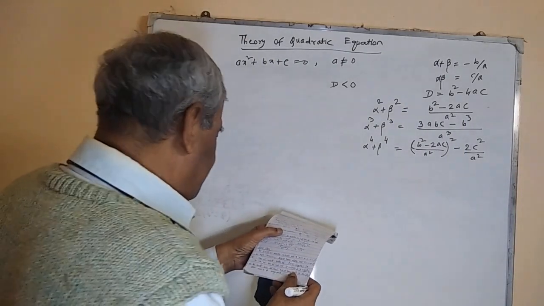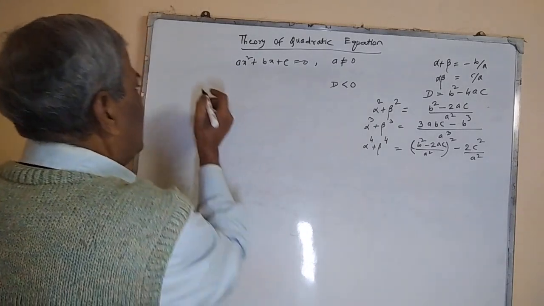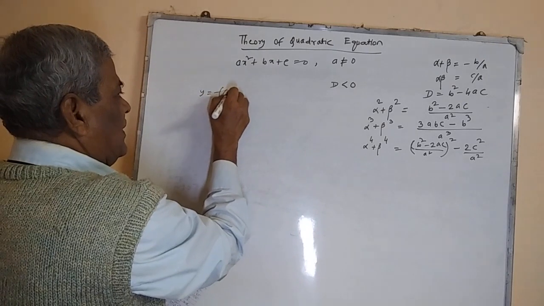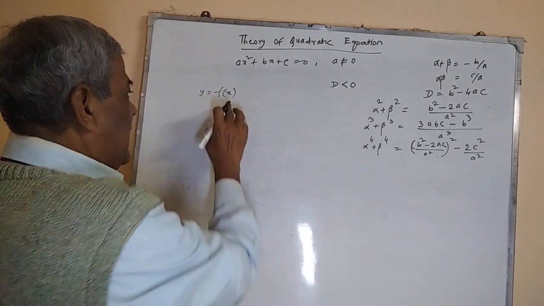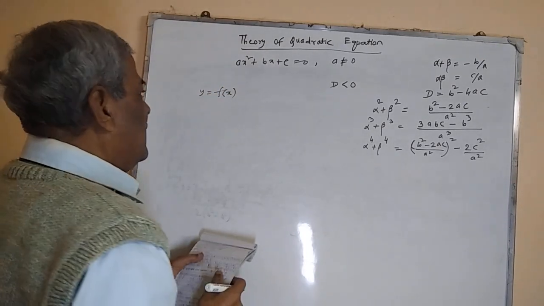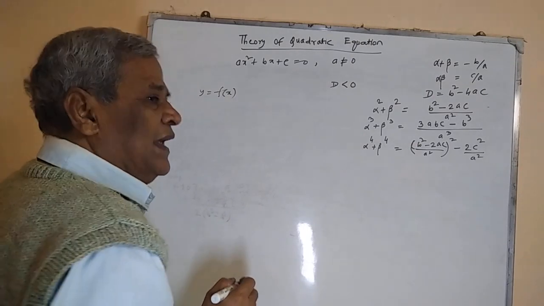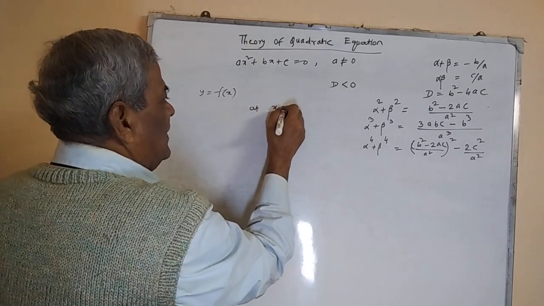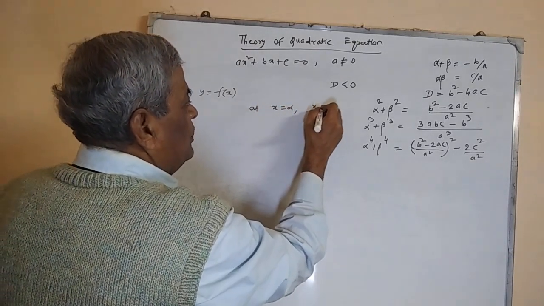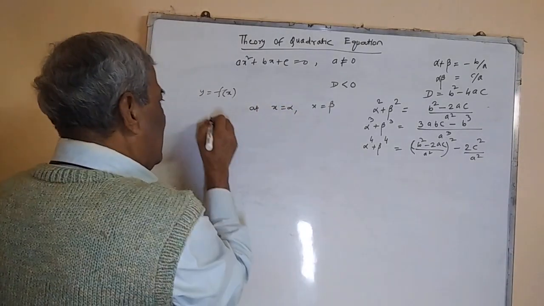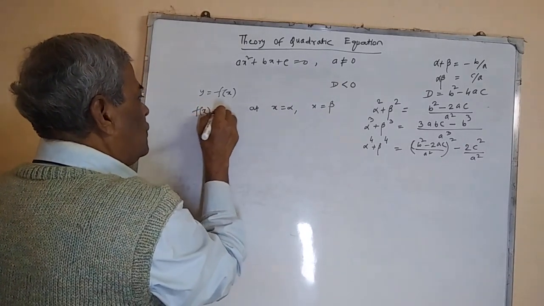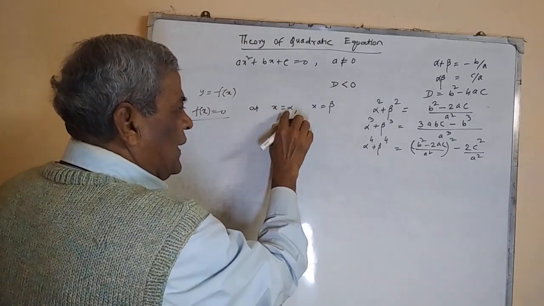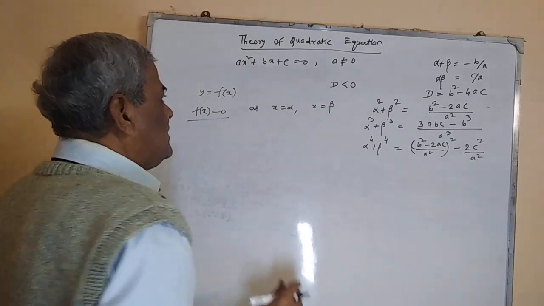Number 1, if y = f(x) is a quadratic function and this function meets the x-axis at x = alpha and x = beta, then f(x) = 0 has two roots, one at alpha, the other at beta.